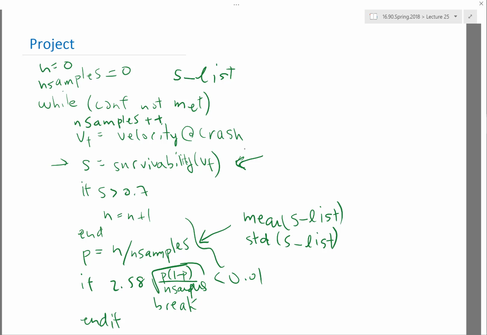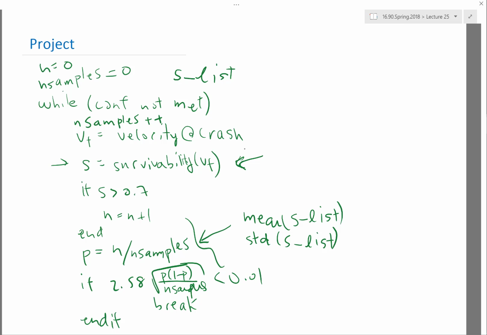To get the square root of p times 1 minus p, you actually have to keep a list of 0s and 1s, depending on whether S is greater or less than 0.7, and then compute the STD of that list. I think everyone who did that ended up with fewer samples because you're being optimistic with that sampling method.